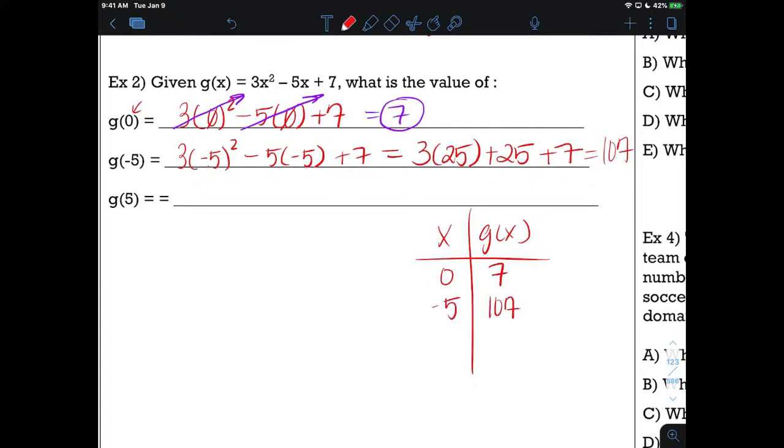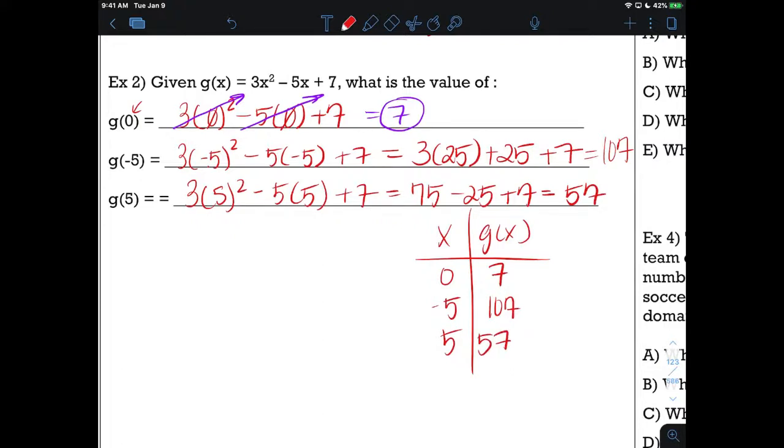Big values. Okay, next one, 5. 3 times 5 squared minus 5 times 5 plus 7. So 5 times 5 is 25 times 3, 75, minus 25 plus 7, 57. 5, 57.